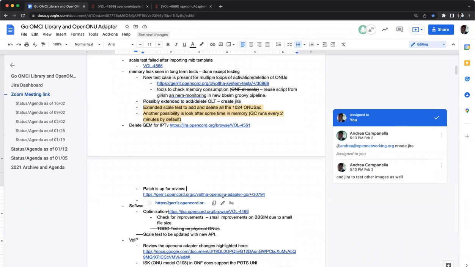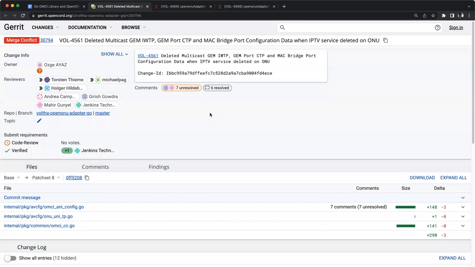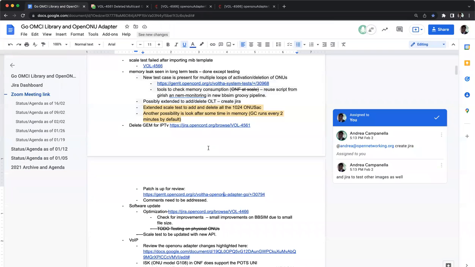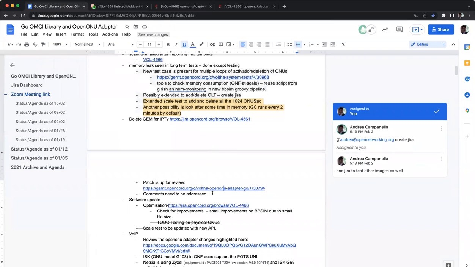The patch for the delete GEM for IPTV. So this patch here from Odzge needs a rebase and addressing a few comments. So are you still working on that, Odzge? Unfortunately, I didn't find any time to work on this patch and on voice over IP.